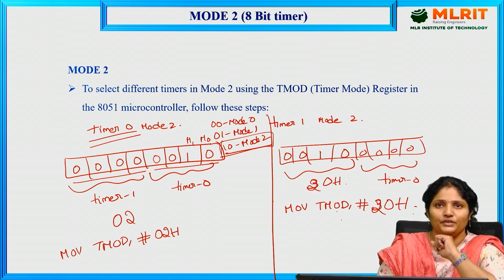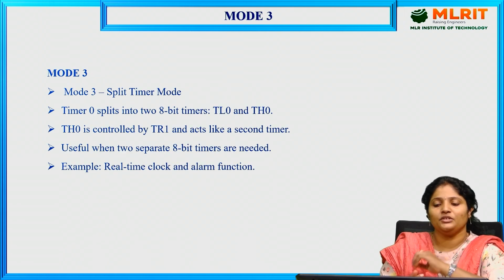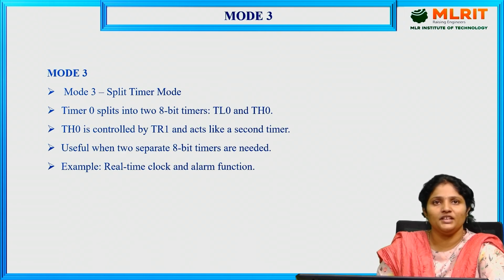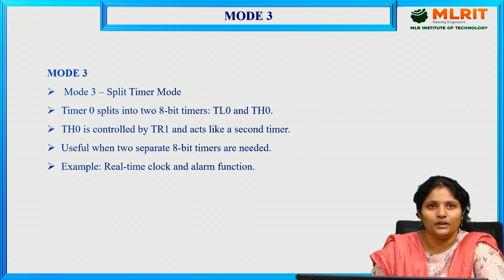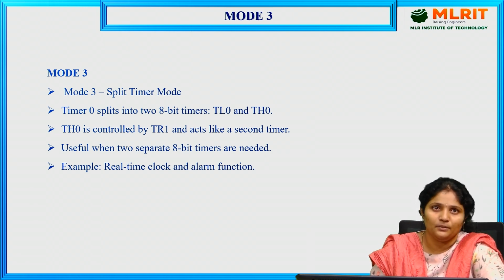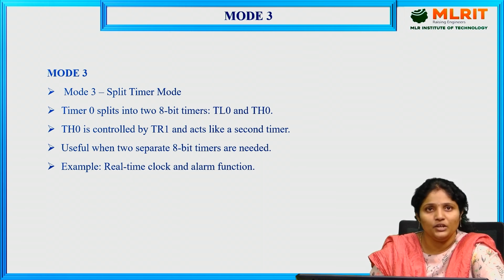Coming to the next mode, mode 3, the split timer mode. In this particular mode, only timer 0 will be in the working condition, and there will be 2 timers. TL0 will be used as a separate 8-bit timer and TH0 will be used as a separate 8-bit timer.